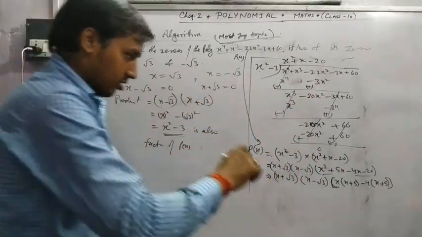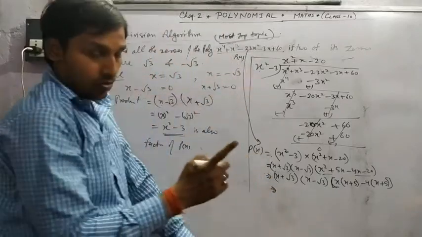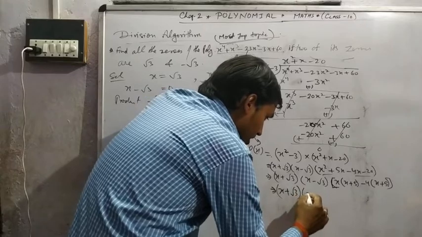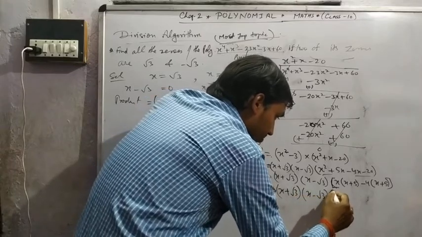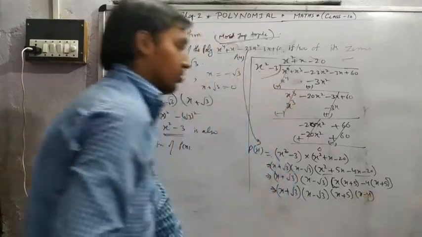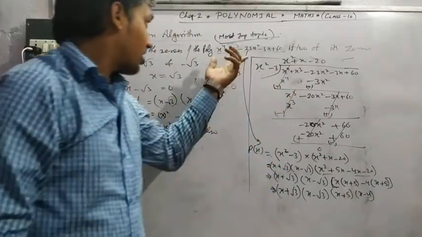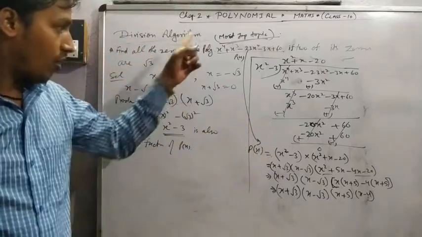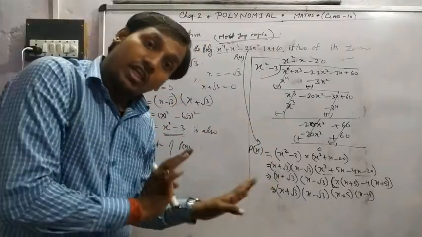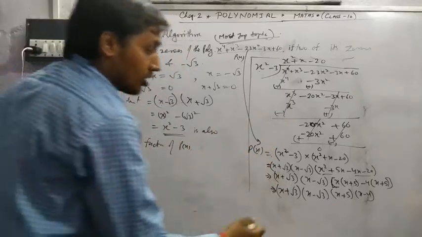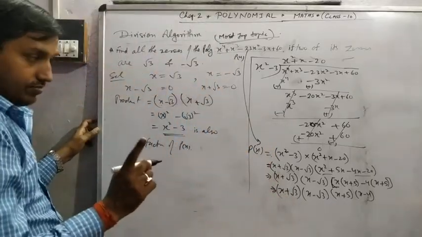I think there is no problem with visibility. x plus root 3, x minus root 3. Here x plus 5 common, x minus 4 common. It's the factorized form of this. But don't leave it here. It's not the answer, it's only the factorized form. We want the zeros.